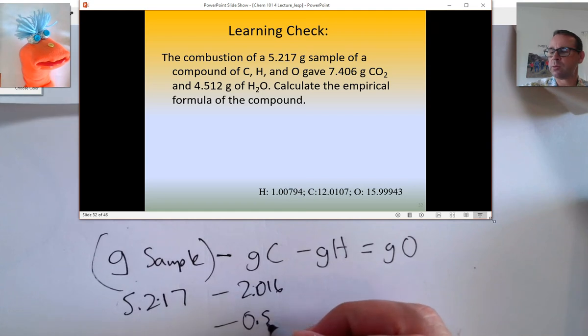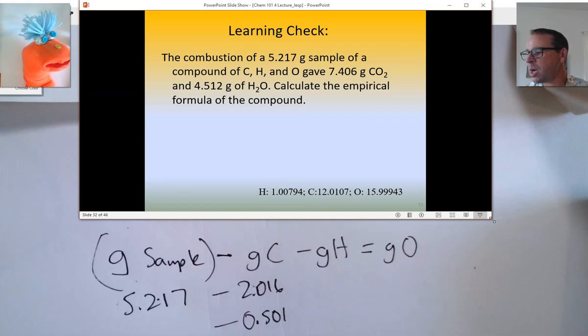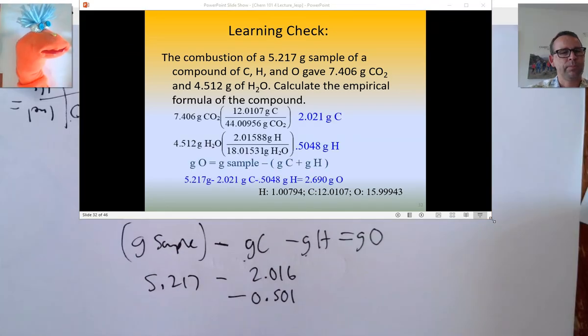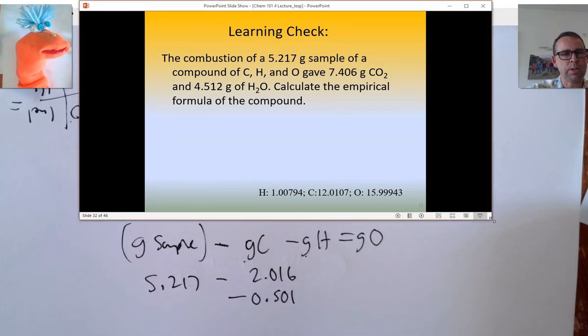So 0.501. So 5.217, subtracting the 2.016. And then I subtract the 0.501. So I got 3. All right, so then, whoops, gotta scroll back here a little bit.